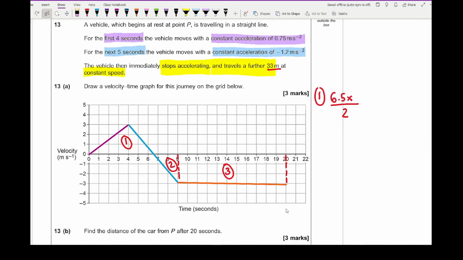so 6.5 times by 3. That gives us an answer of 9.75. Our second triangle is half base times height, that's 2.5 times 3, which is 3.75, and our third area we know already is 33. So taking a look at the distance travelled, we want to find our value of 9.75 and subtract away 3.75 and 33.